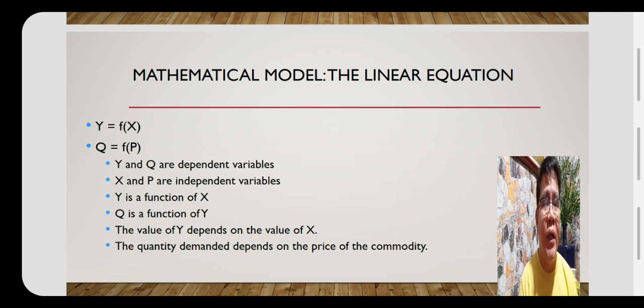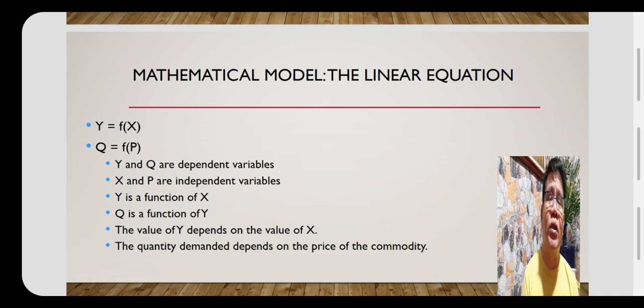We can actually give names to any dependent or independent variable, such as quantity or quantity demanded and price.